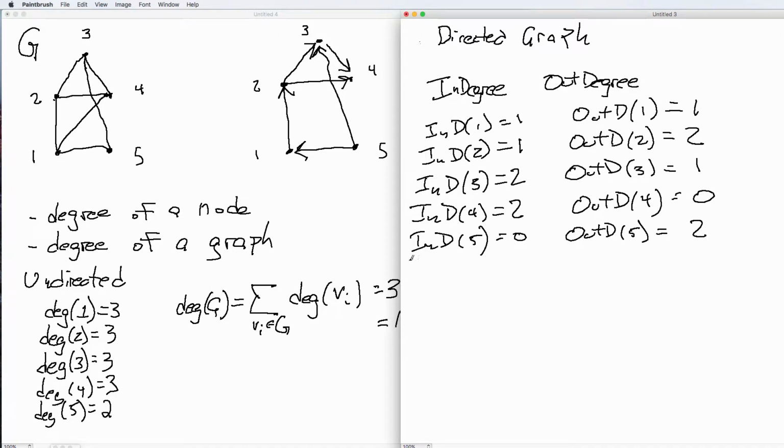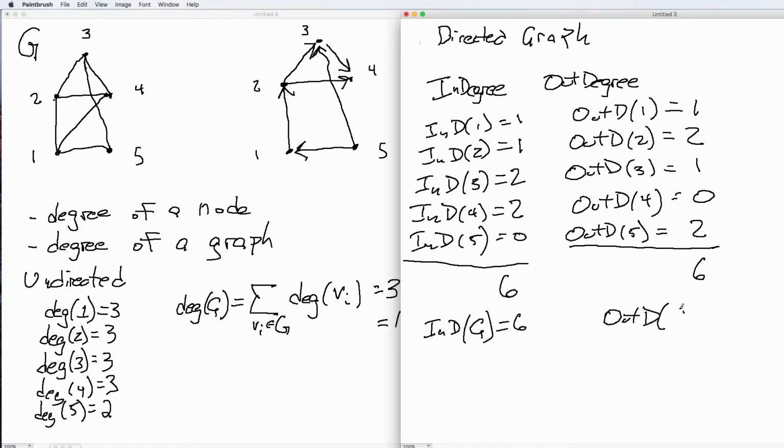And there's something to notice over here, that if I come over and I add these up, 2, 4, 5, 6, and I come over here and I add these up, 2, 4, 5, 6, we would get that the in degree of the graph is equal to 6, and we would get that the out degree of the graph is equal to 6.